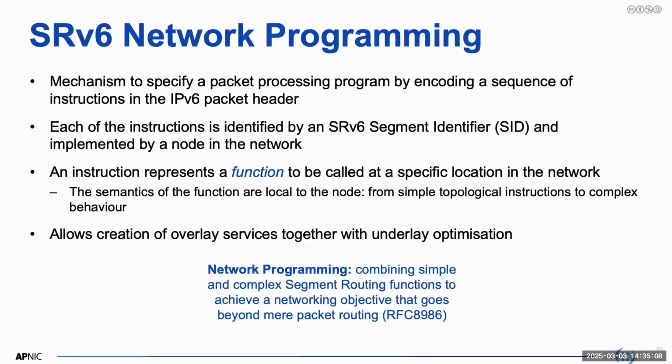In this case, we can specify an instruction which represents a function. When the packet reaches a certain node, based on the local implementation, the node takes action, or performs that function capability, and processes the packet.